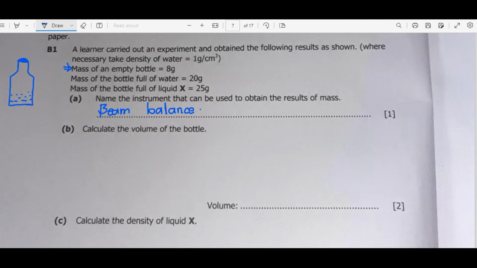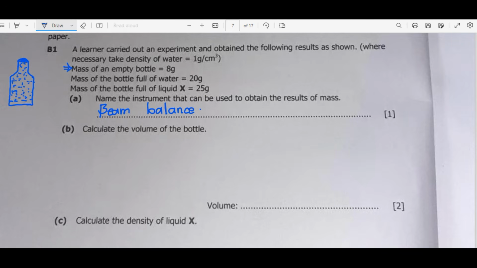If we pour water here, this water will occupy the volume of the bottle, so we'll have the volume of water. If we can find the volume of water, we'll be able to find the space of this bottle. So let's find the volume of water.